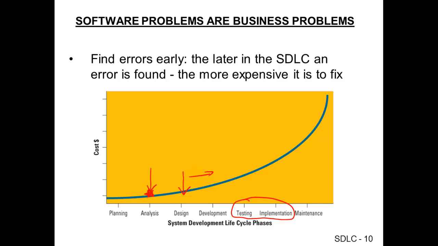So pretty much they need to get your signature before they can move on. The reason is that if there's anything wrong, if they missed some major requirement or there's a major design flaw, and you do not catch it earlier, it will show up in your operational phase, and then it will be very costly.